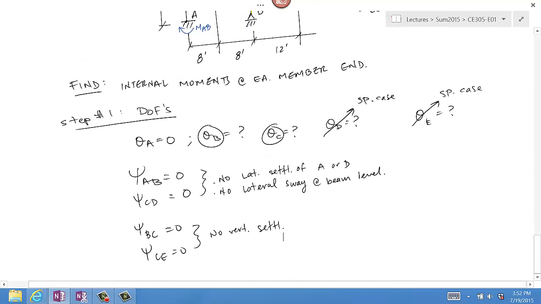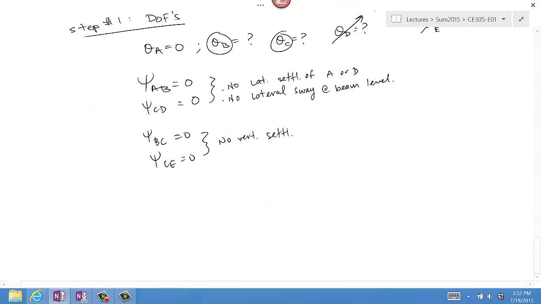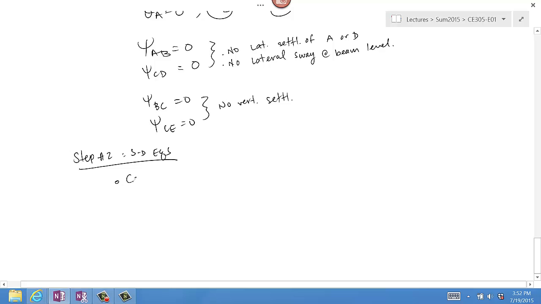The next thing that we want to do is to write out our slope deflection equations under step 2, SD equations. But you may recall that we want to calculate the FEMs first. That way you have all the last terms in each one of the slope deflection equations.